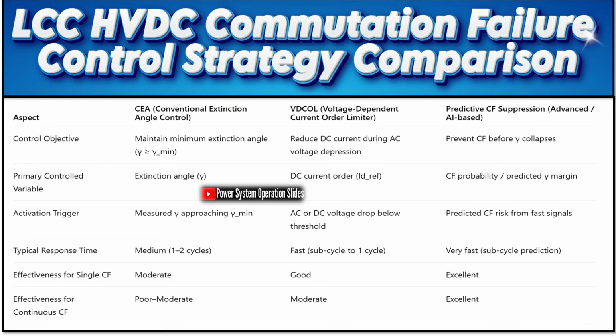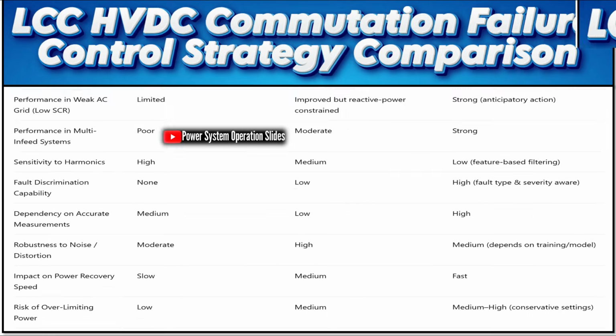During weak grid conditions, limiting DC current reduces stress on converter valves and enhances system stability. These operational adjustments must be carefully coordinated with system loading conditions to balance power transfer requirements with commutation reliability.